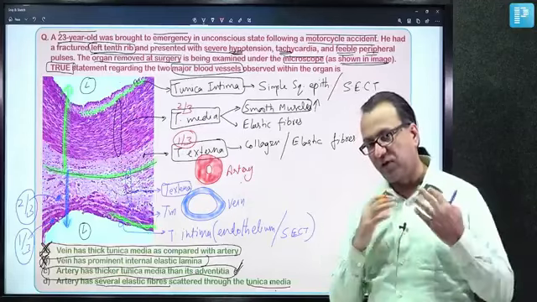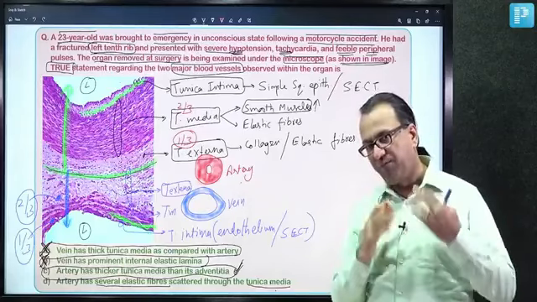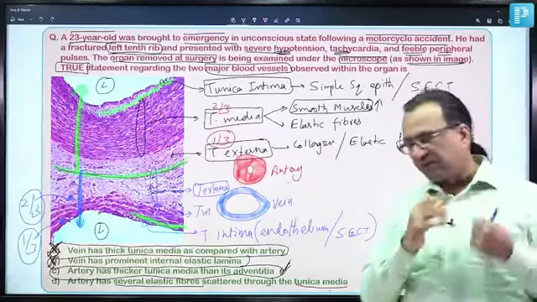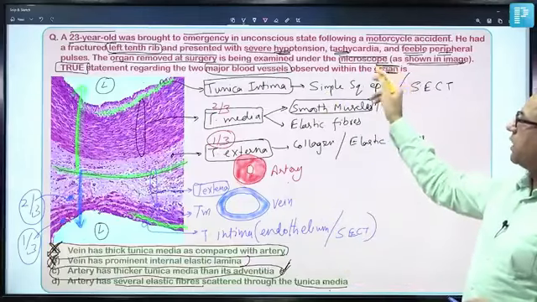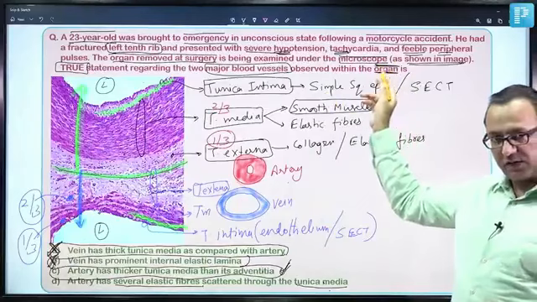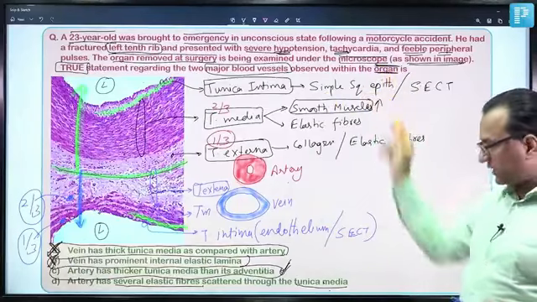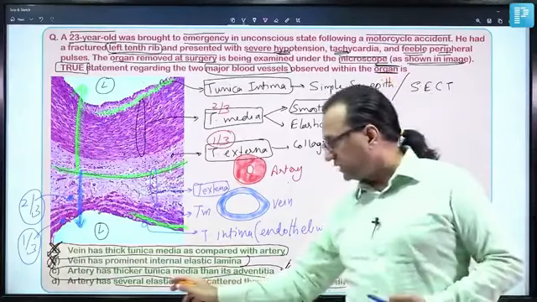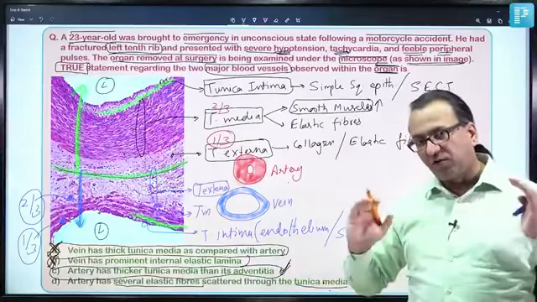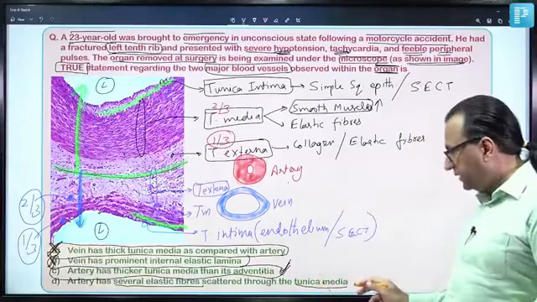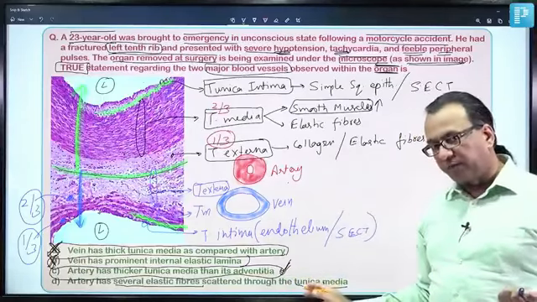During systole and diastole, they provide a buffering of blood pressure. But in organs like spleen, they are actually muscular arteries with more smooth muscles, and those smooth muscles in the tunica media are meant for controlling the flow of blood into the organ. So statement D may be true for aorta but not for splenic artery.